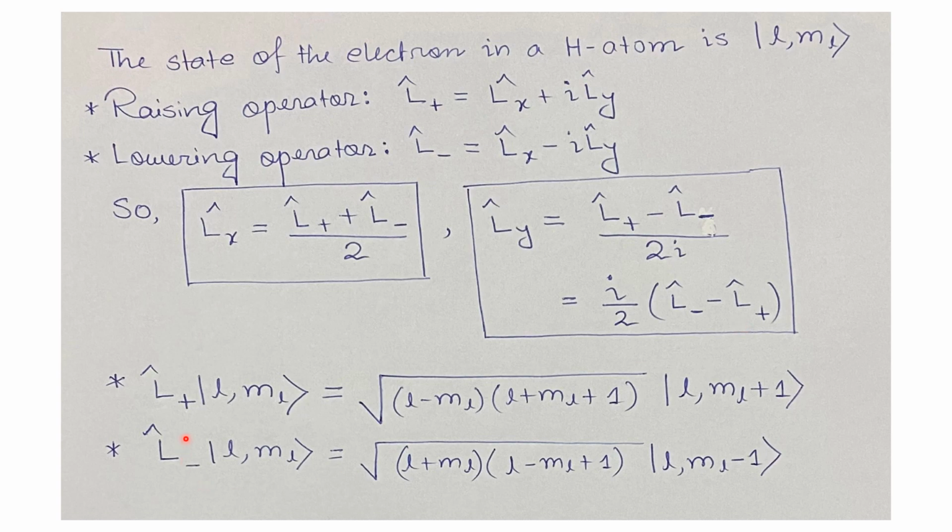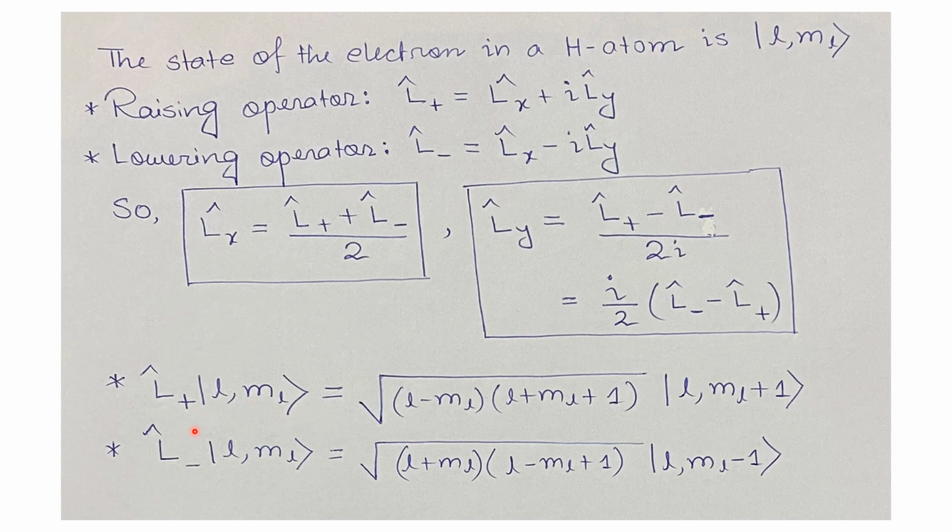Now when this L+ cap operator acts on the state |l, ml>, it will give root over (l minus ml) times (l plus ml plus 1), times the state |l, ml plus 1>. So basically this operator L+ acting on the state |l, ml> will raise the value of ml by 1.